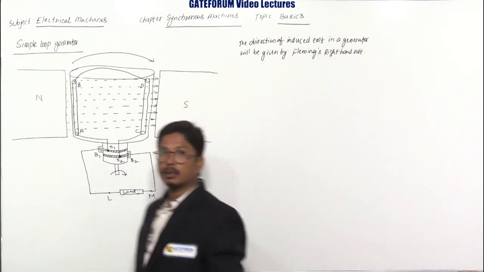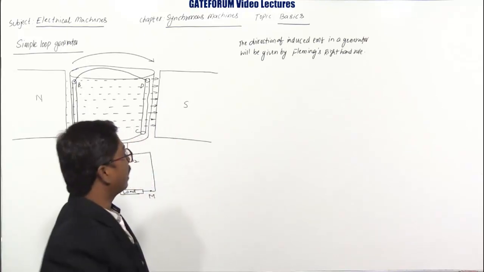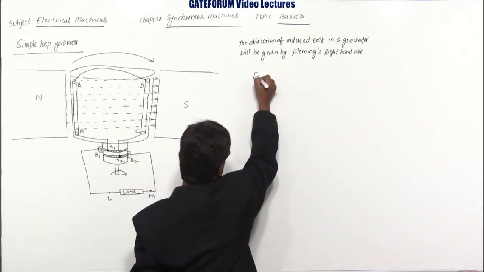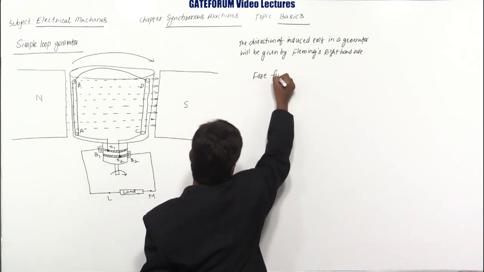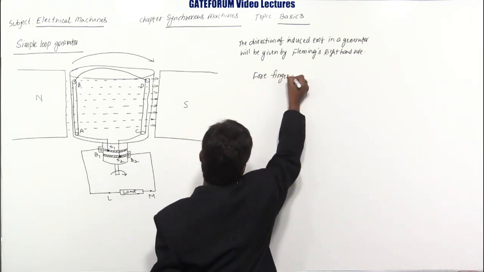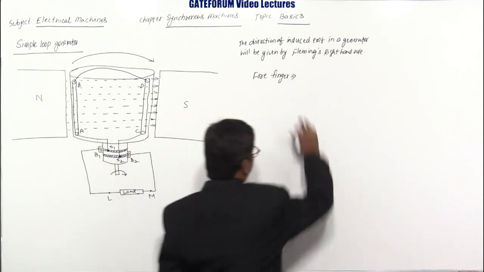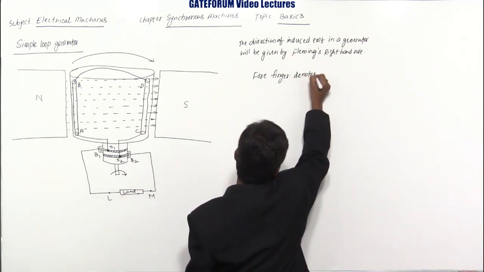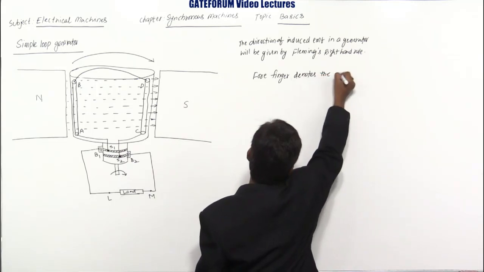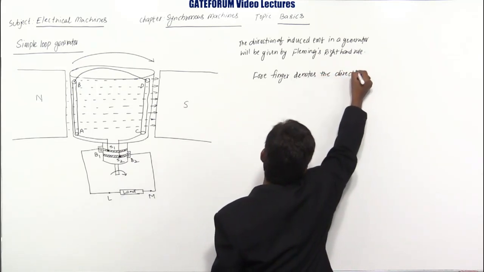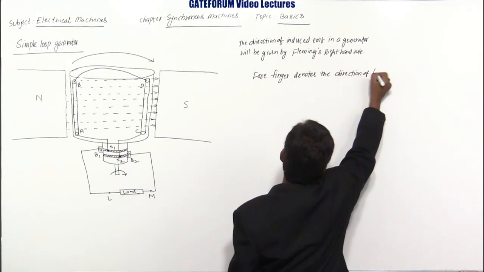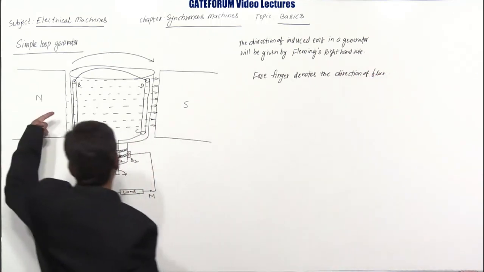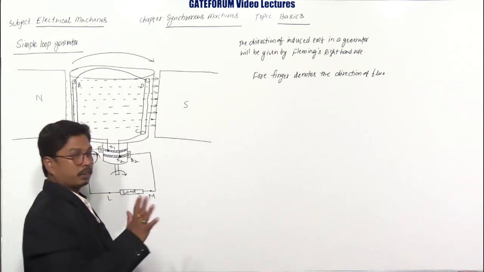According to Fleming's right hand rule, the forefinger denotes the direction of flux. In which direction is the flux moving?